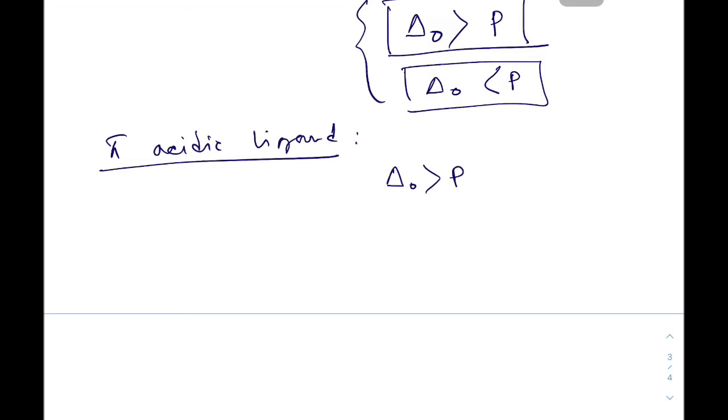And moreover, pi acidic ligands are generally strong field ligands, therefore it favors the situation del zero greater than P. Therefore there are two reasons the pi acidic ligands generally form low spin complexes.